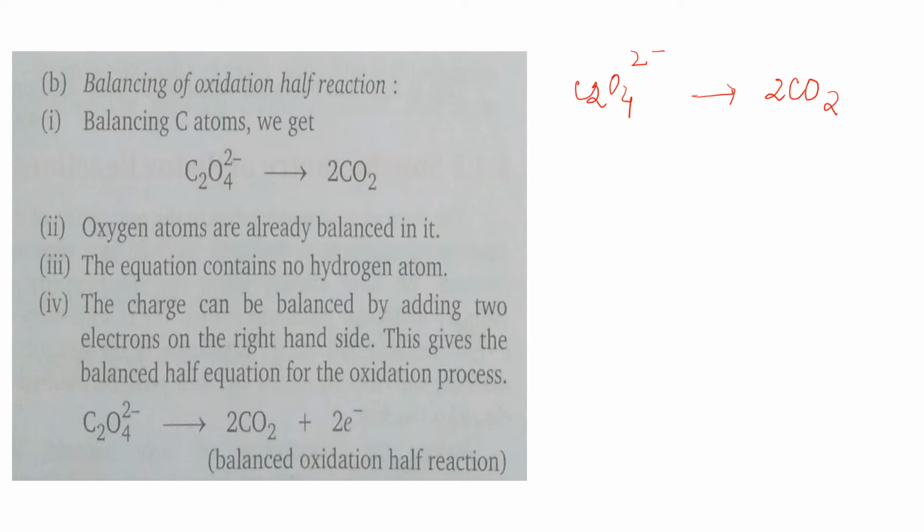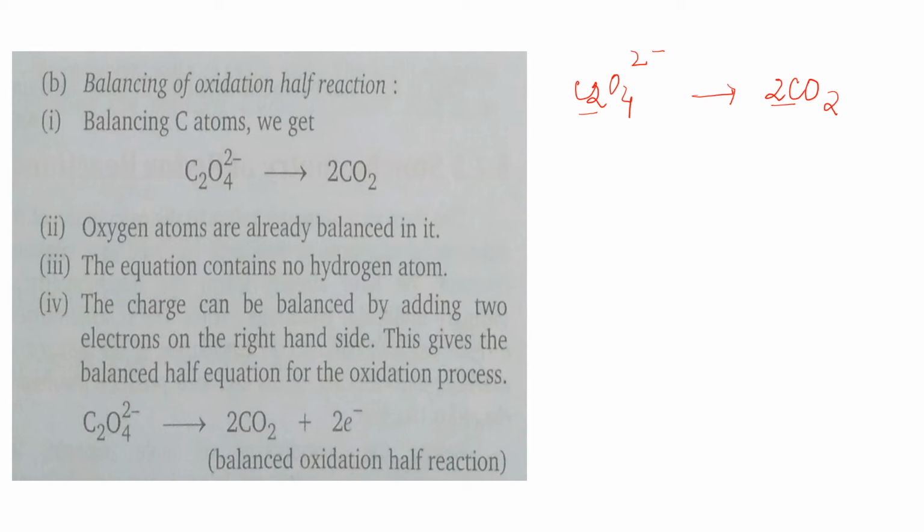On the left hand side carbon is 2 and right hand side also it is 2. So this is balanced. Now you have to see for oxygen. In the left hand side we have 4 oxygen atoms, and in the right hand side also 4 oxygen atoms. So oxygen is also balanced, so I don't have to do anything.